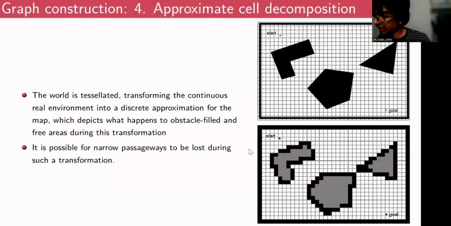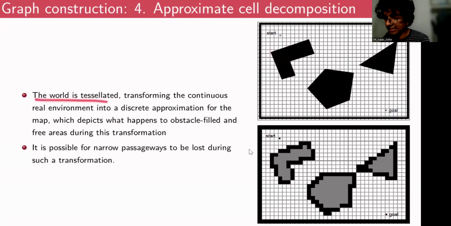This method is very popular because it's far easier for us to implement. It's easy to create a grid of a map, and then it's easy to block each of these blocks, or restrict each of these individual grid points based on whether or not there is a part of the obstacle within this grid point.